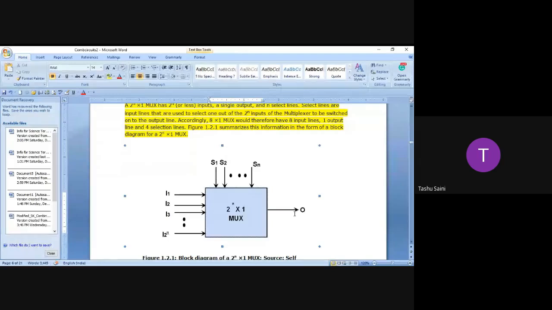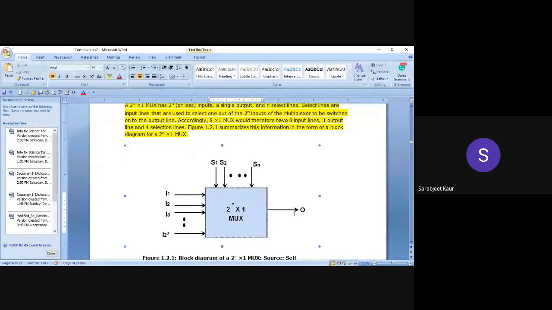Now, my question, how many selection lines do you think will be required if there are 2 raised to the power of n input lines? n. That's right. Why?